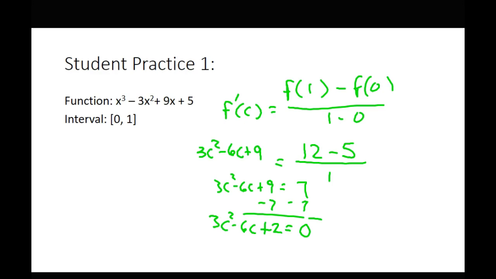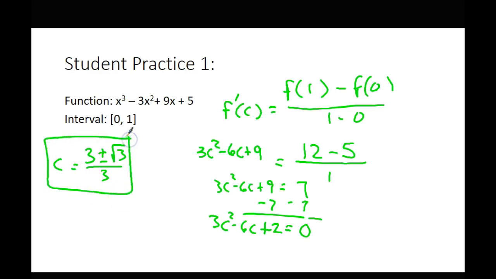That is correct. So there are two places. In other words, there are two tangent lines on that curve that are parallel to the secant. Because we have 3 plus the square root of 3 over 3 and 3 minus the square root of 3 over 3. Okay, I can show you on the board.